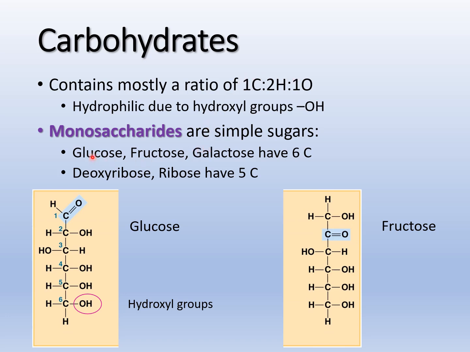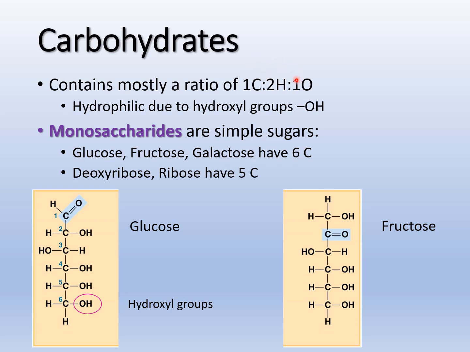They're going to be those monomers, those one compound molecules, and we're going to build other things from our monosaccharides. Our monosaccharides include glucose, fructose, and galactose, and each of them has 6 carbons.